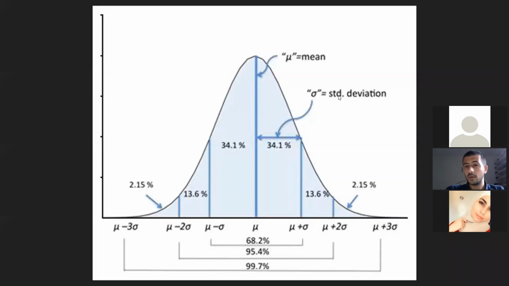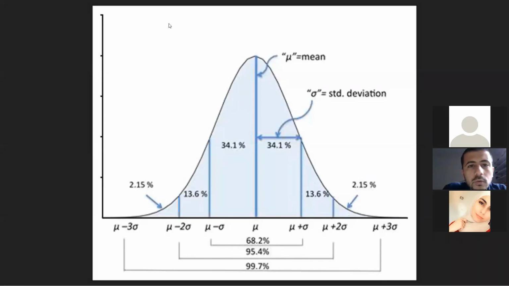Okay. So I usually use the standard deviation with mu, which represents the mean. If I have a big standard deviation, then I will have a higher variance. For example, here, if the standard deviation is still here, what do I know? I know that this tip is not here, it's here, and the shape is more flat.